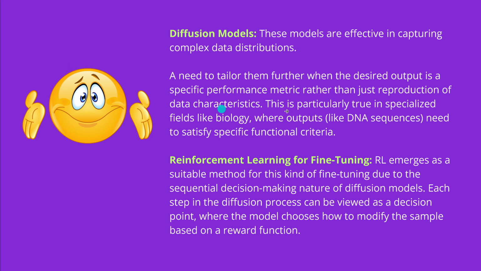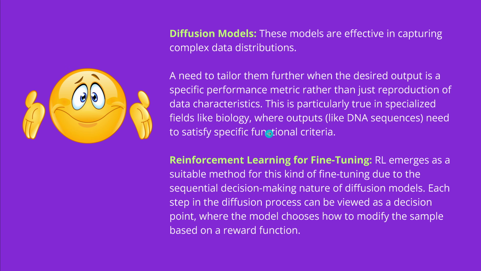So we do not just say, hey, reproduce the image, but we tell it, hey, I have a specific performance metric that I would like you as a diffusion model to optimize. And we're working here in biology, where the output, like a three-dimensional DNA sequence, needs to satisfy specific functional criteria. And think about why a classical transformer is not able to do this. I will give you the solution in a minute.